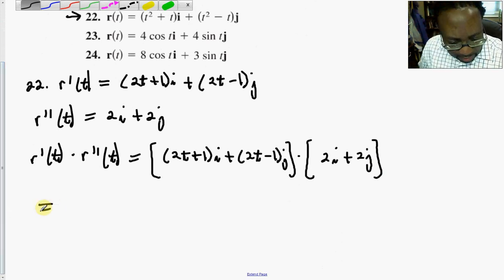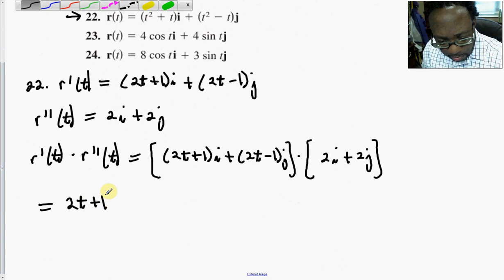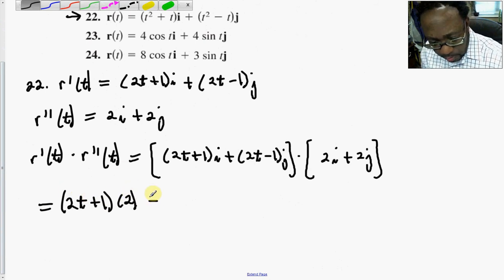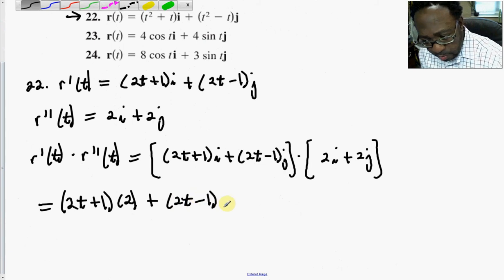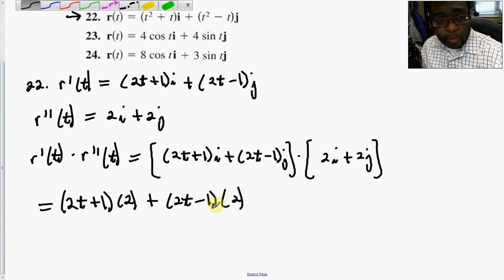And so that gives us 2t plus 1 times 2, plus 2t minus 1 times 2.